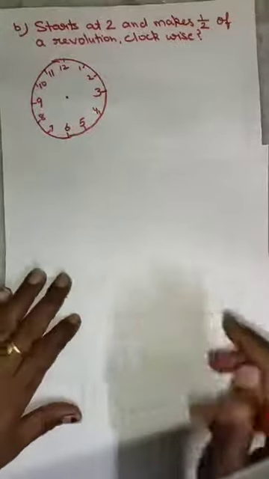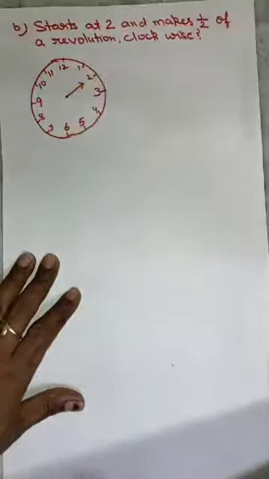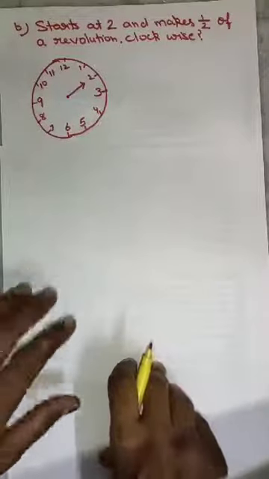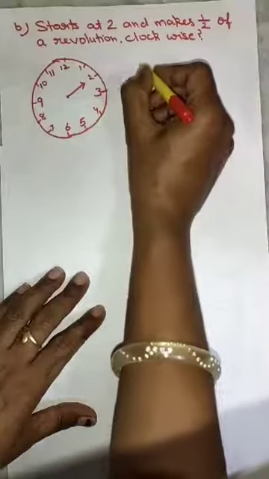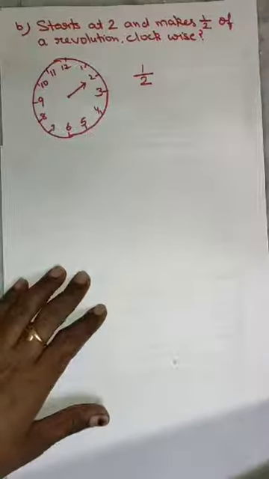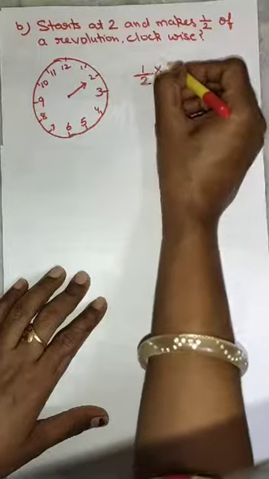Now it starts at 2 from here and makes half of a revolution. Half of a revolution means fraction is given to us and we have to convert it into degree. So complete revolution is of 360 degree.